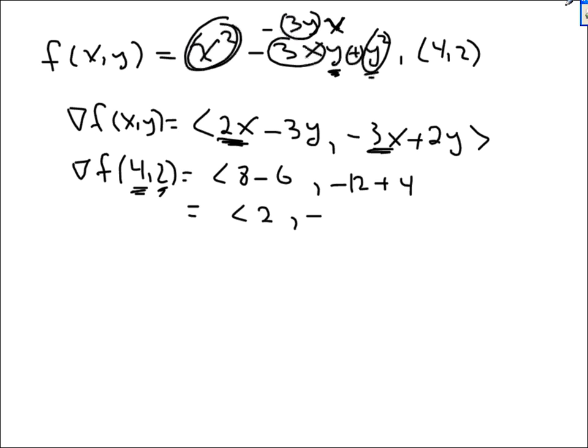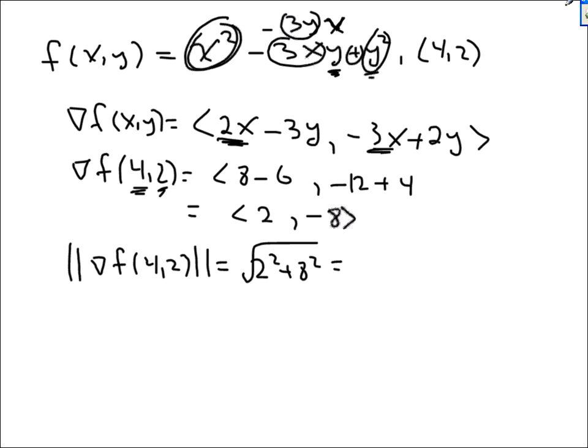Negative 12 plus 4 is negative 8. So that is my gradient. What we want is the magnitude of the gradient. It's the square root of 2 squared plus 8 squared. It's the square root of 4 plus 64. The square root of 68.